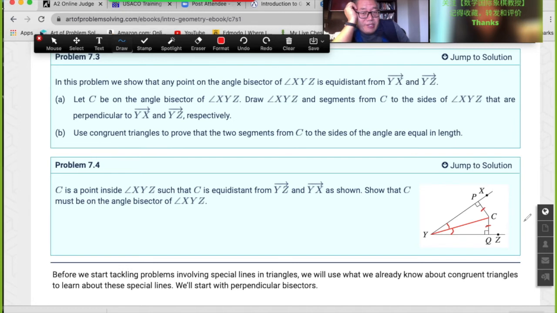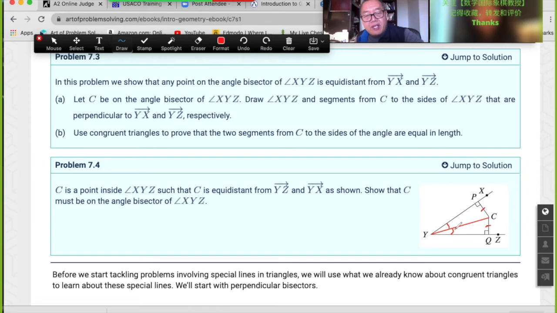Okay, what theorem can you use to prove these two triangles are congruent? This angle equals this one because they tell you C is on the angle bisector of angle XYZ, right?